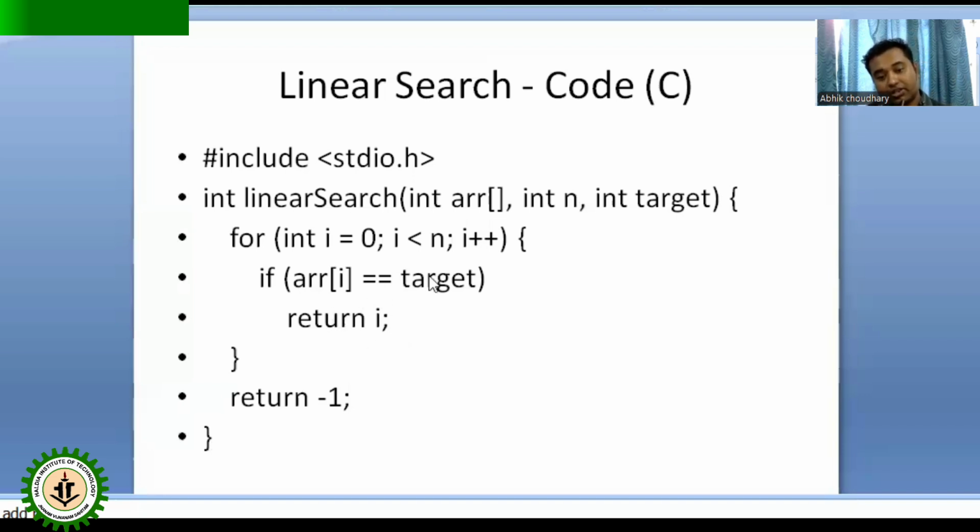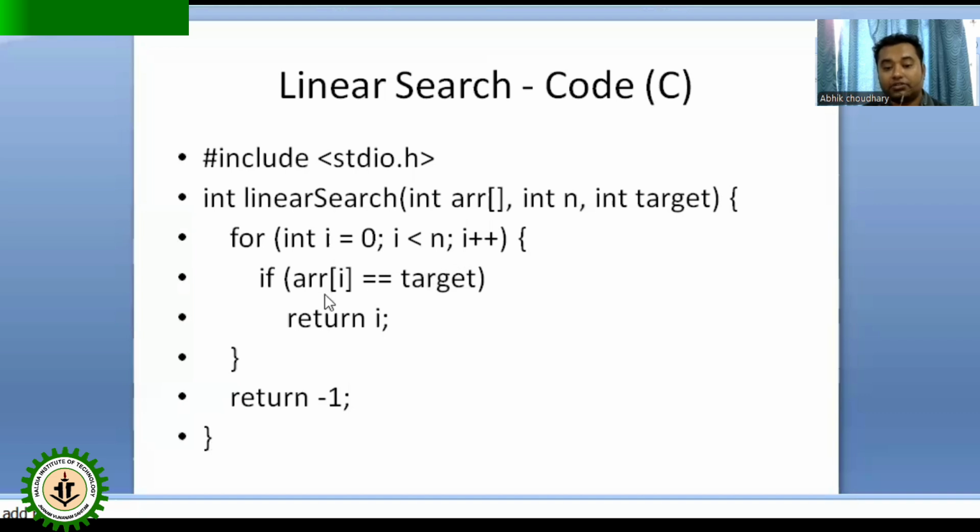If it is not, then again increment the i value by 1. Now i is 1, is 1 less than n? Yes, it is. Then array[1] is equal to target? If it is, then return 1, until we check 2, 3, 4, 5, dot dot dot n minus 1.